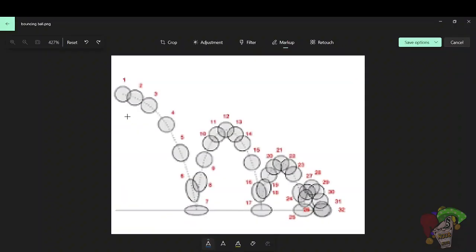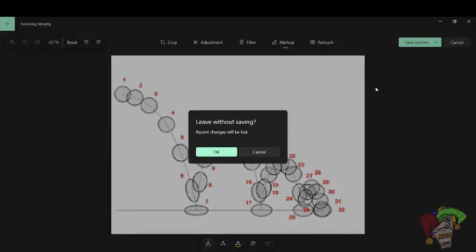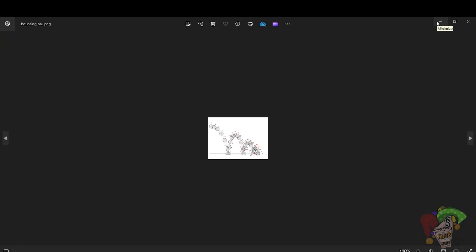So staging is important when showing an action, or if you are animating a backflip, they need to see the backflip happen. If you are animating someone running, they need to see, okay, the person is running. So staging is the way you present your idea, either through animation or camera, because that's how it works in animation.